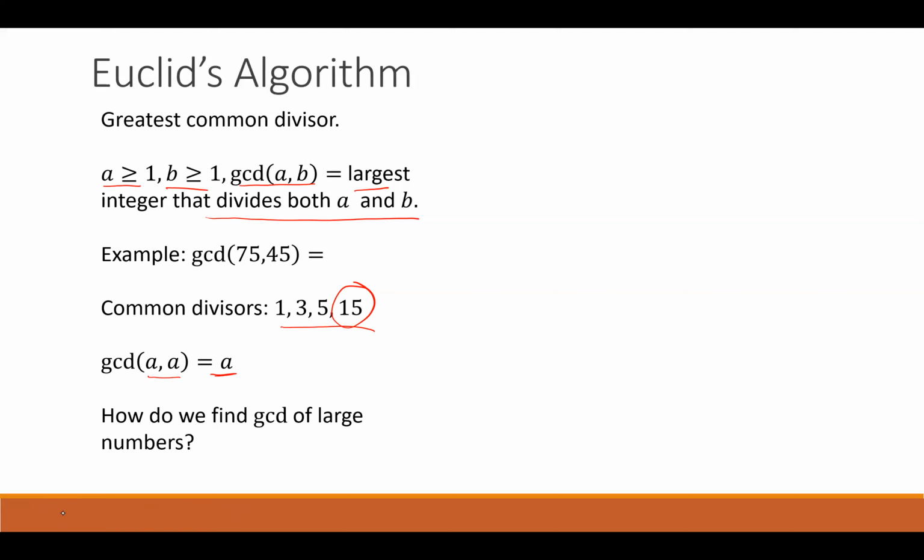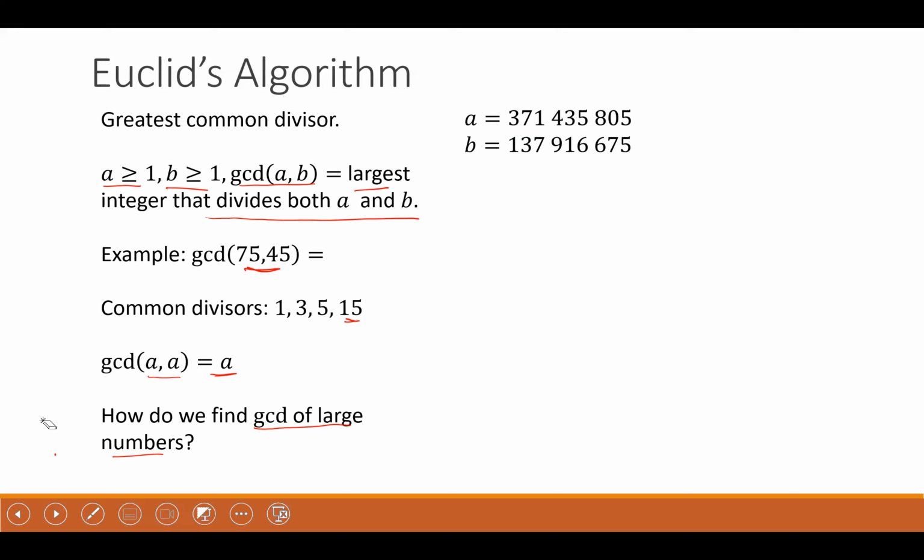Okay. So we want to find the greatest common divisor of a pair of large numbers. In this case, we can sort of brute force it, right? We can look at all of the common divisors and then just choose the largest one. But let's say we had huge numbers like these. How do we find the greatest common divisor?